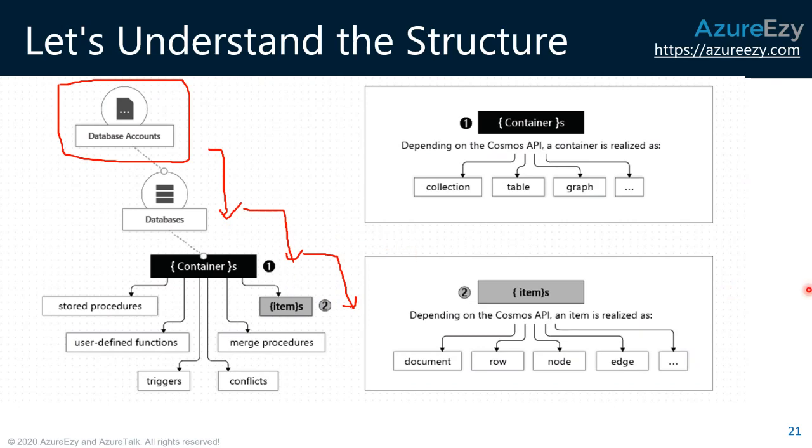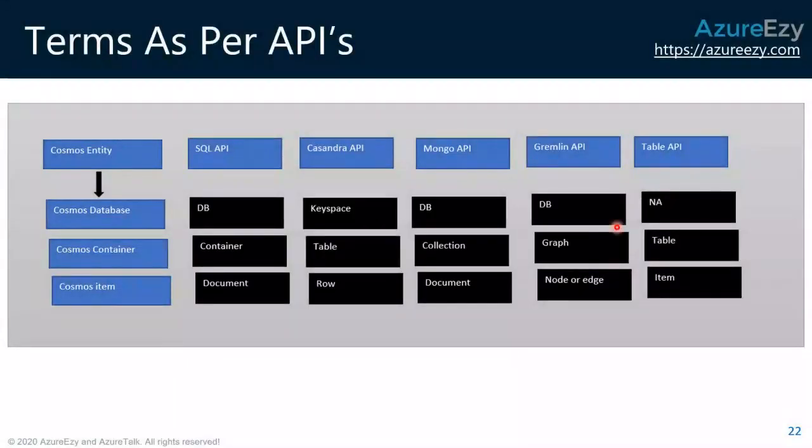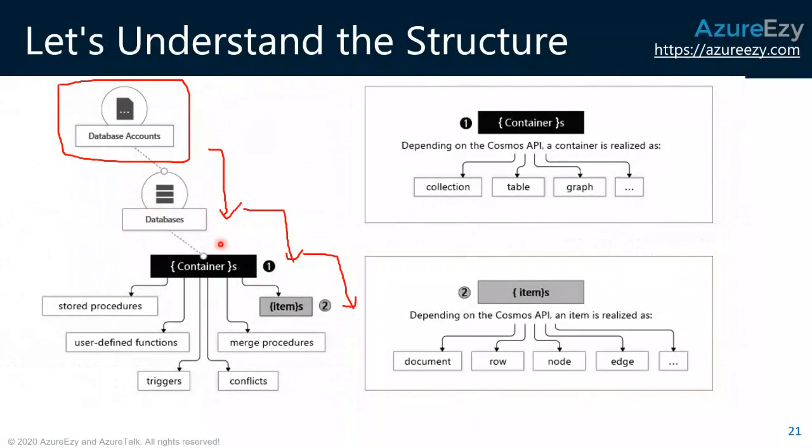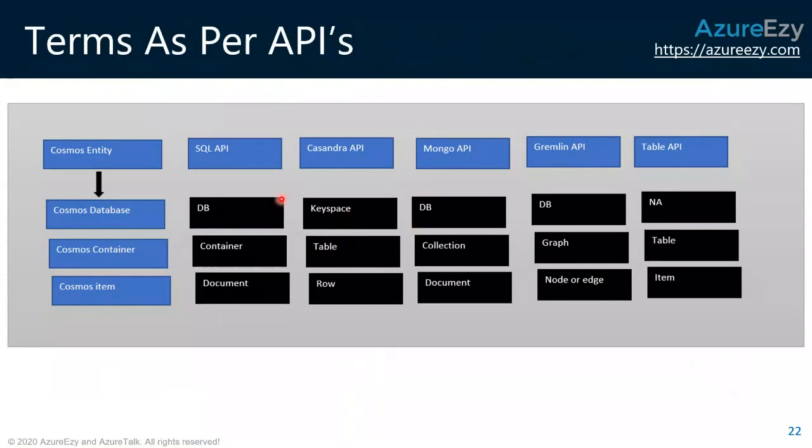So let me go to another slide where I have compiled everything, which will help us to understand easily. Now you see here, we have Cosmos entities downwards like database, container, and items that we were talking about. And here we have all those five APIs: SQL, Cassandra, Mongo, Gremlin, table.